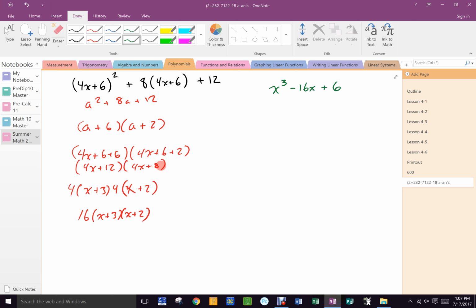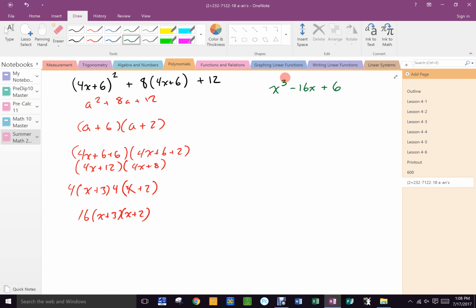Okay, real quick. This is something I didn't show you how to do, but I wanted to see if anybody would think to try it. Can I try it? Sure. I just changed x cubed to x squared, just x. Is that possible? Then I made negative 16 to 4.